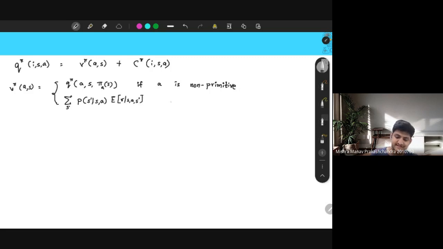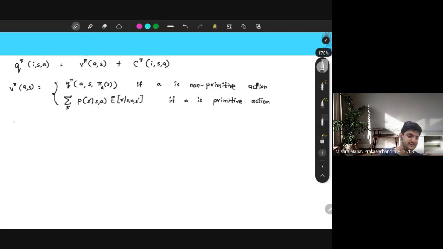Okay, and this is applicable if a is a primitive action. So this is how the value function method goes.